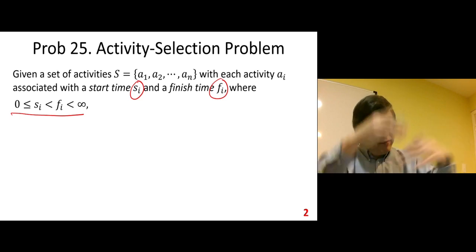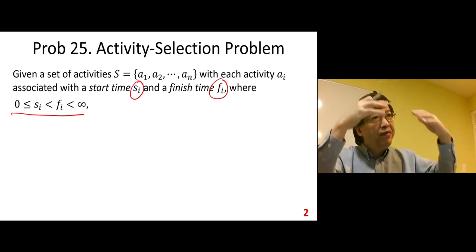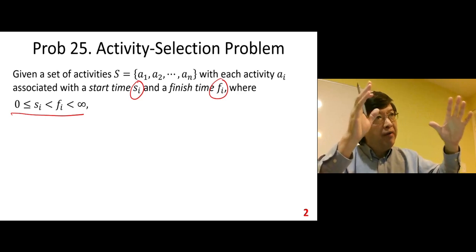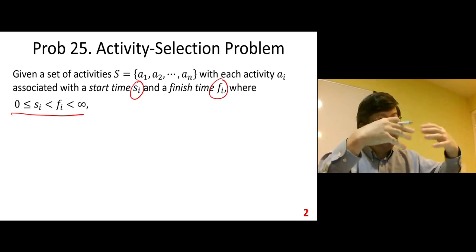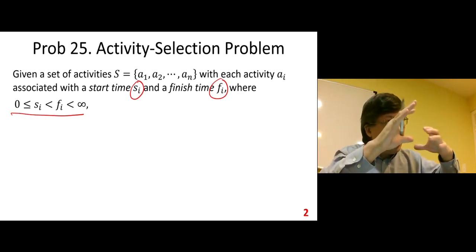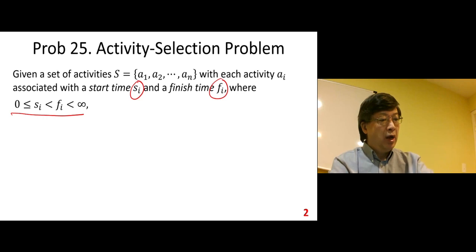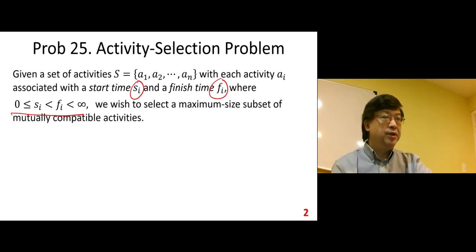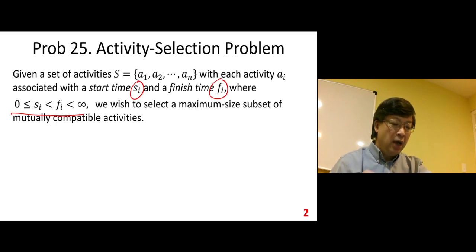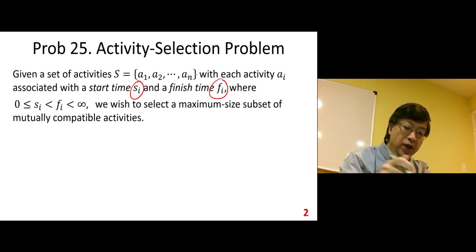Then, we have many activities, but some of the activities may overlap, so their covering intervals could overlap. That's possible. So then we define a simple concept: mutually compatible activities.